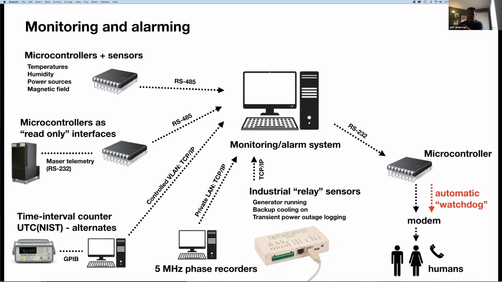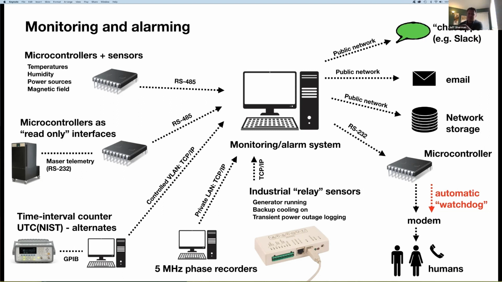And I highlight in red a feature where if this microcontroller is not reset every 20 minutes or so, it dials the modem all on its own to the same list of actors. And this is to test whether the aggregation computer has crashed or suffered a reboot, or for whatever reason has lost communication.